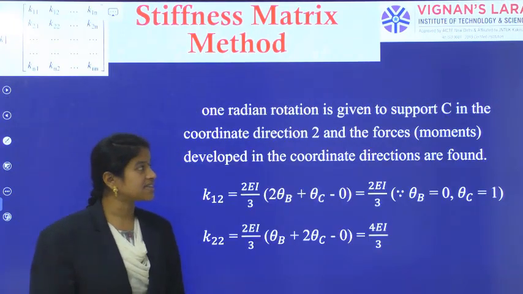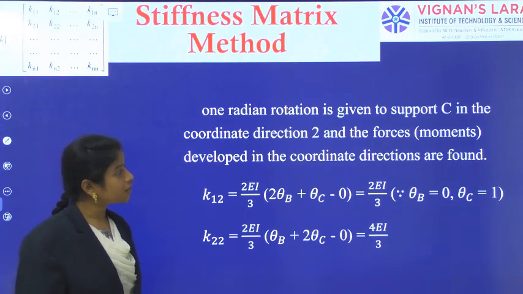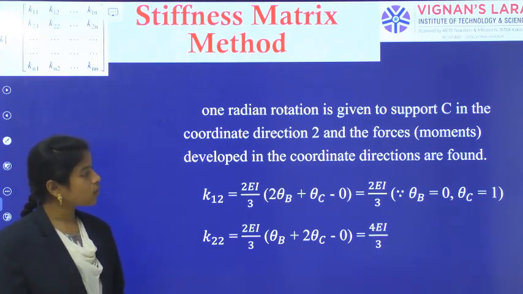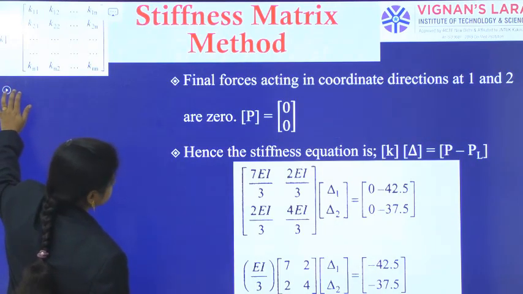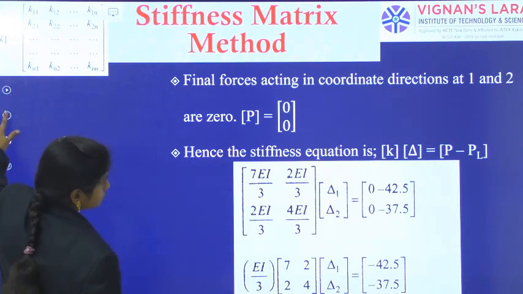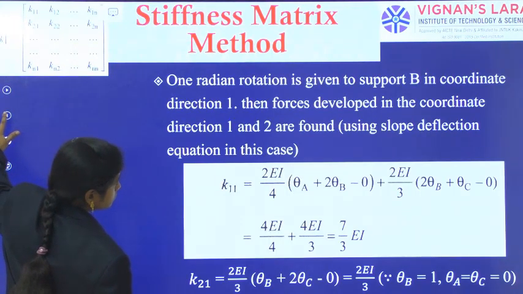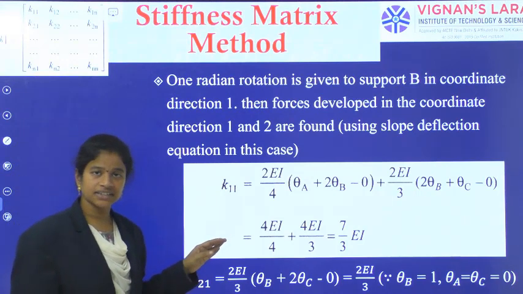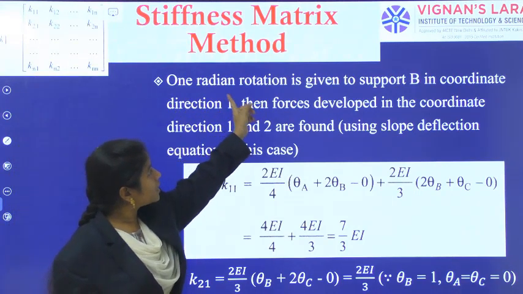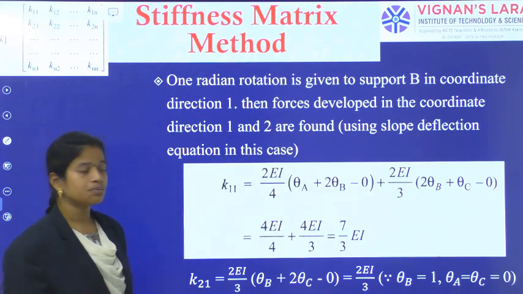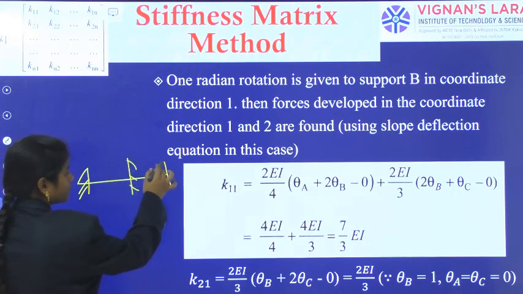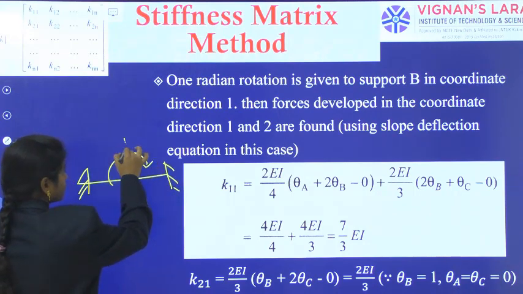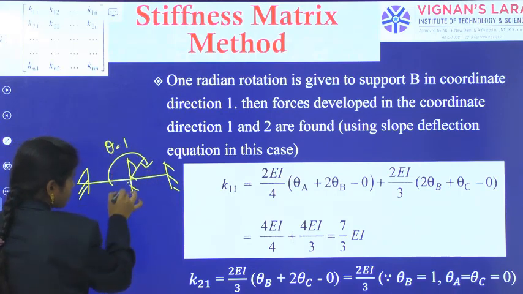1 radian of rotation is given to support C in the direction of coordinate 2, and the forces or the moments developed in the coordinate directions are found. So, first case, applying 1 radian rotation at support B. This was bent like this.